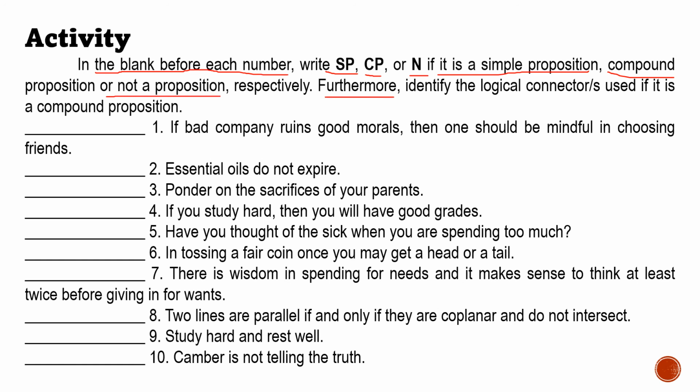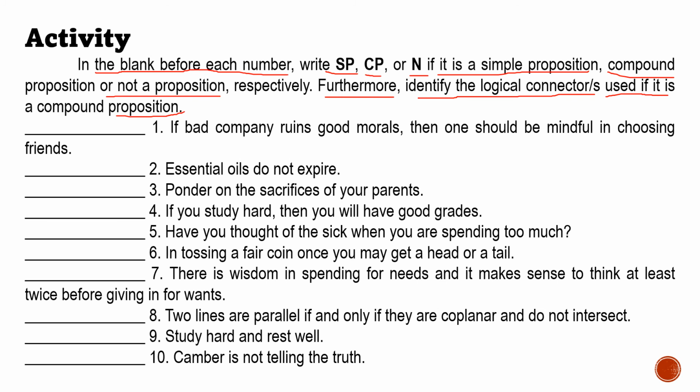Furthermore, identify the logical connector or connectors used if it is a compound proposition. Here there are 10 sentences. You simply identify first if the given is a proposition or not before moving forward in identifying if the given is a simple or compound proposition.